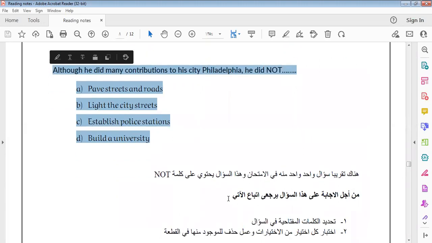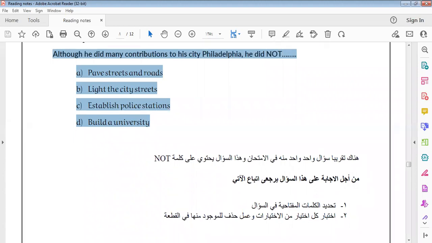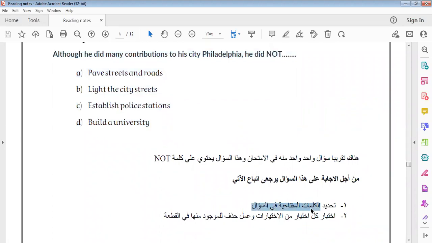To best answer this question, عشان نحل السؤال بطريقة جيدة. First we need to define the keywords. حدد الأسئلة في keywords. Okay. And to cross out the answers presented in the passage. ونحذف الأسئلة.